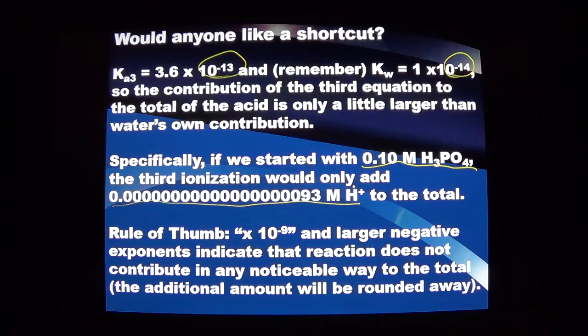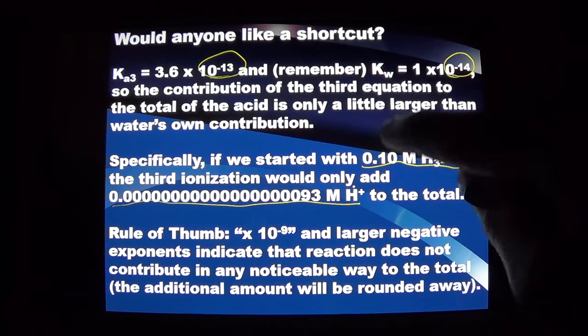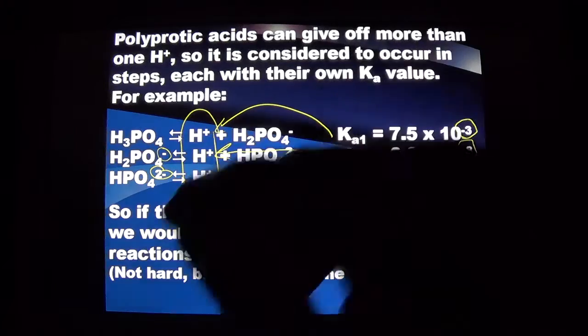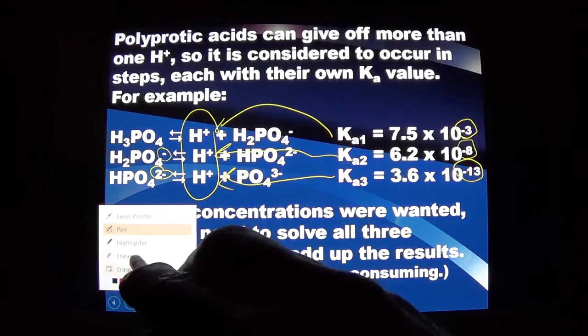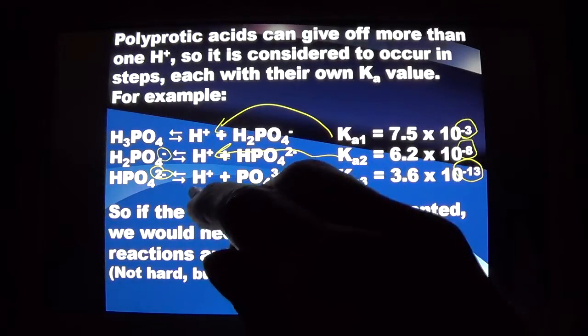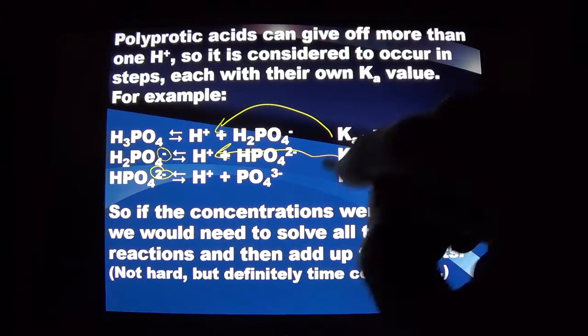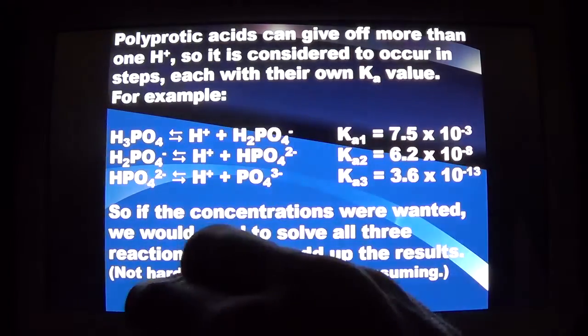Again, with the 6.022 times 10 to the 24 molecules available, only that many of them will actually dissociate to give us a hydrogen ion. With all those zeros, that's going to make no difference to our results in the end at all. So I don't really have to do the third one.